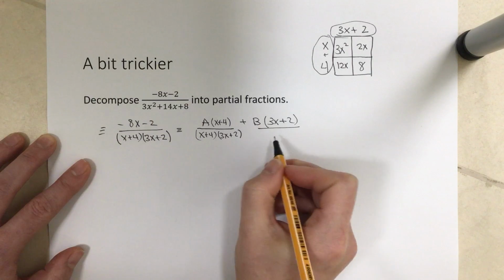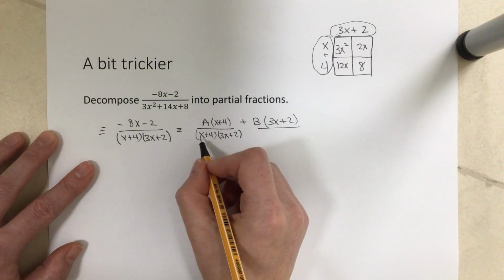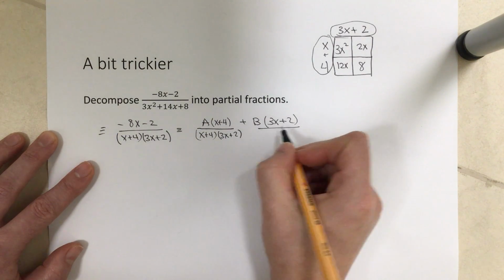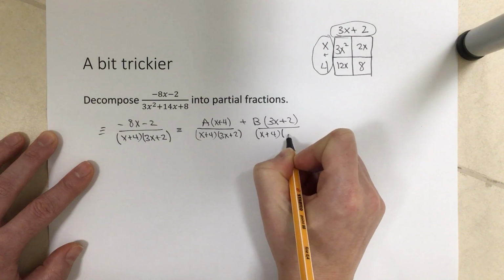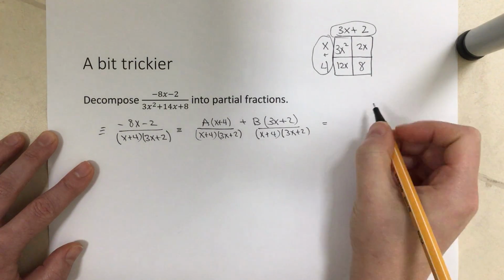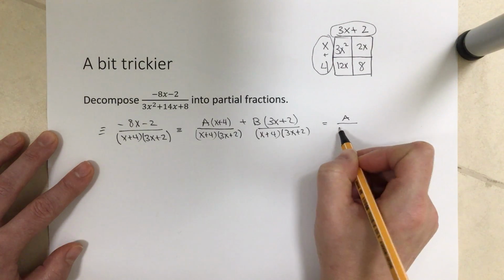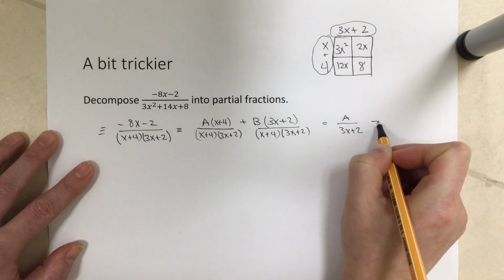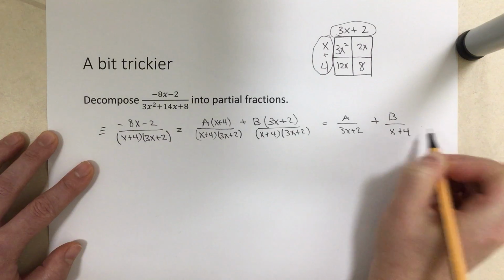These are now two separate fractions. I broke them down with the a and b, and these would cancel and be my a over 3x plus 2, and I'm going to write that again in a second. And this would cancel then, just to look at both of them. That's the same thing as saying a over 3x plus 2 and b over x plus 4.